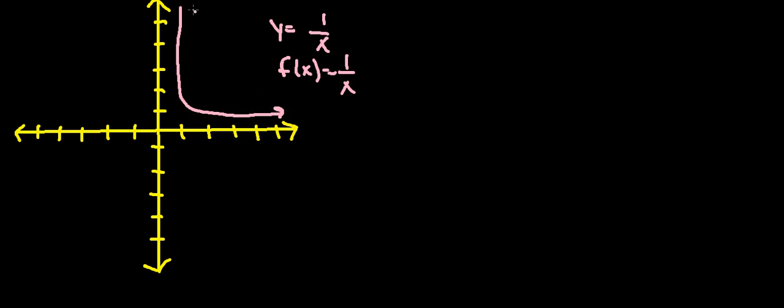It comes down from positive infinity and goes to positive infinity all along the x-axis, and the same thing but negatively over here. And there is this value 0 that it approaches but never touches. So this is 0.